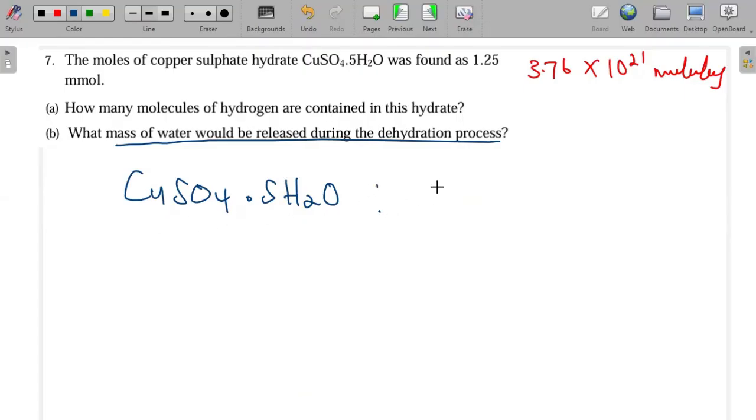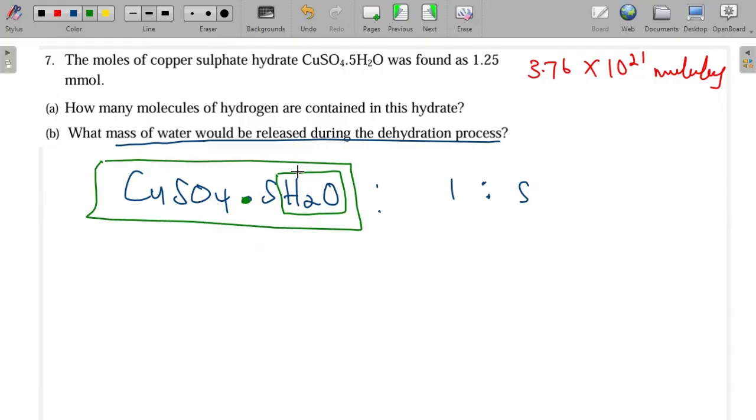The mole ratio again would just be 1 to 5, meaning 1 mole of this will have 5 moles of water. So you can see it from here: this here is just 1 mole of water, so multiplied by 5, I have 5 moles of water. So my mole ratio is 1 mole of this contains 5 moles of water.